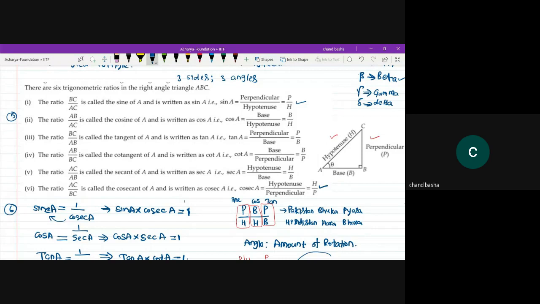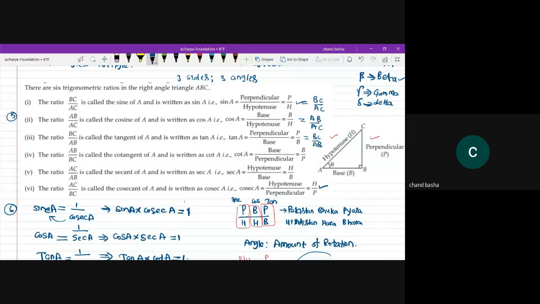How are they defined? Sin A will be perpendicular. Opposite to theta is what? BC. Sin A is defined as BC divided by AC. Cos A is defined as AB divided by AC. And tan means it is sine upon cos, that is BC upon AB.